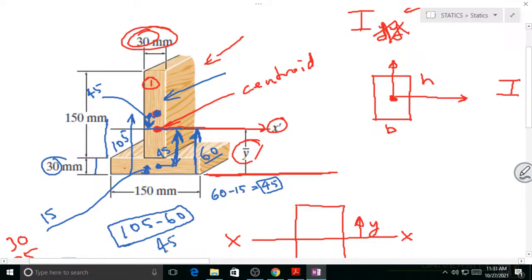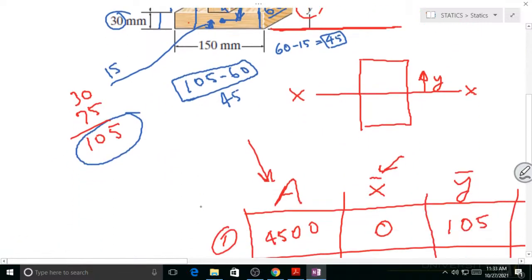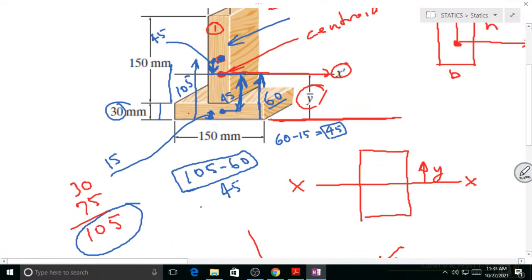I can't find my mouse. What's bothering me is this one. I move 30, and then I move half of 150, I'm sorry, which is 75. And that gets me to here. So I move up 30, then I move up 75. Isn't that 105?